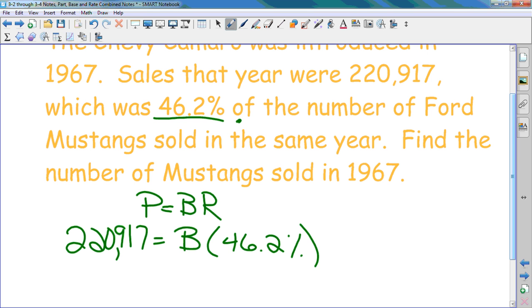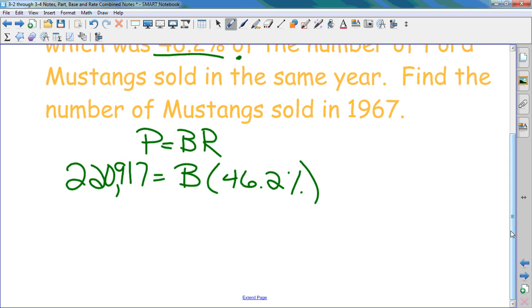So, by just looking at this, did we sell more Camaros or more Mustangs? More Mustangs. Because we only sold a percentage of all the Mustangs we sold for Camaros. There's only 46.2% the number of Mustangs.